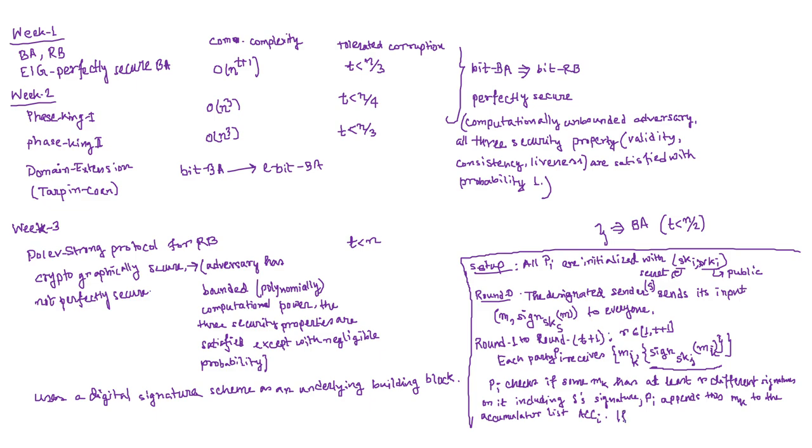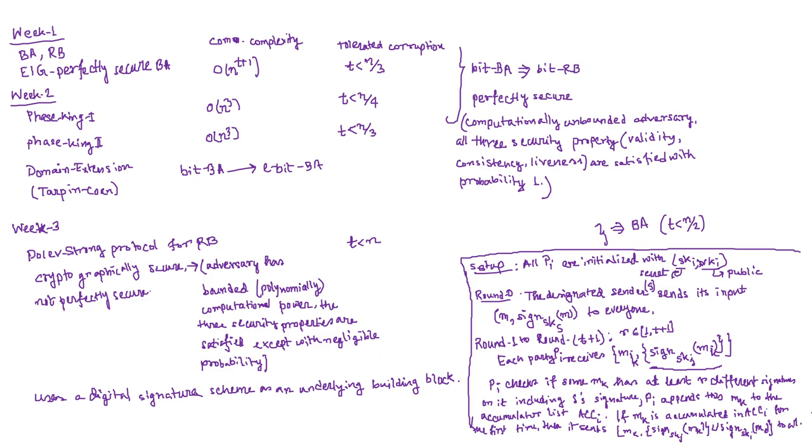And if mk is accumulated in ACCi for the first time, then it sends again mk, comma, whatever was received previously, the r parties' signatures on mk, all this set appended with its own signature, that is the signature with ski, party i's own signature on this message mk, to all.